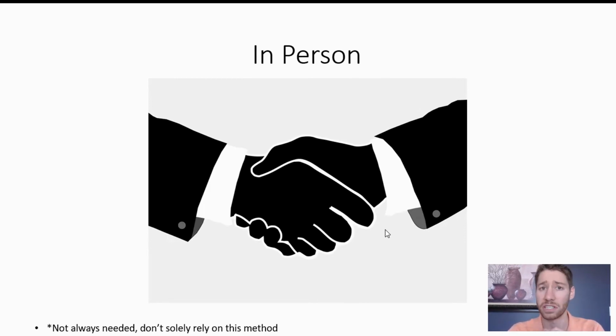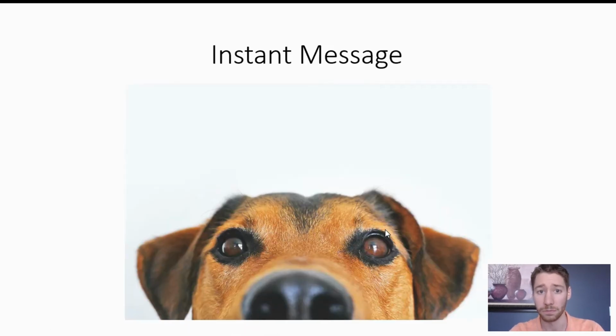There are some statistics out there that indicate something like 80 or 90% of communication is nonverbal. In person allows you to absorb all of that, but that's not always an option, right? So when you're not able to do the in-person stuff, you have to start looking at the other communication channels. So, instant messaging.